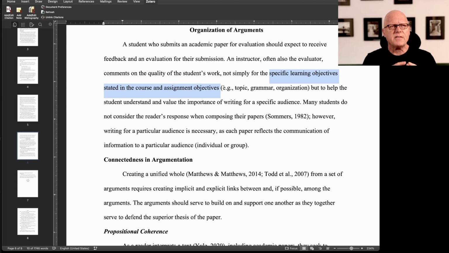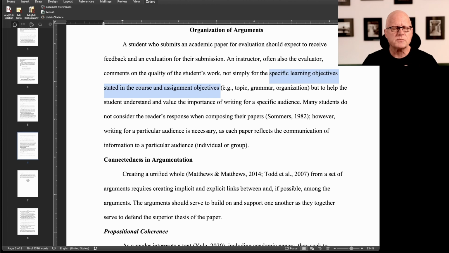But I think when pressed, all of my colleagues would agree with me that our primary goal is not to require students to memorize facts, but to demonstrate an ability to communicate effectively within a particular discipline and generally across disciplines.